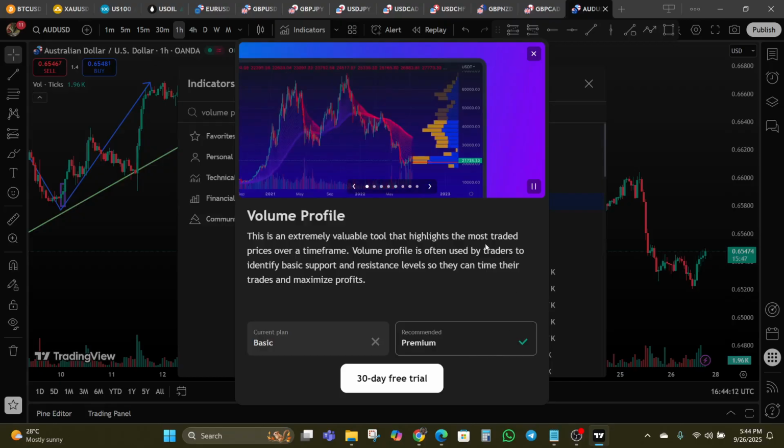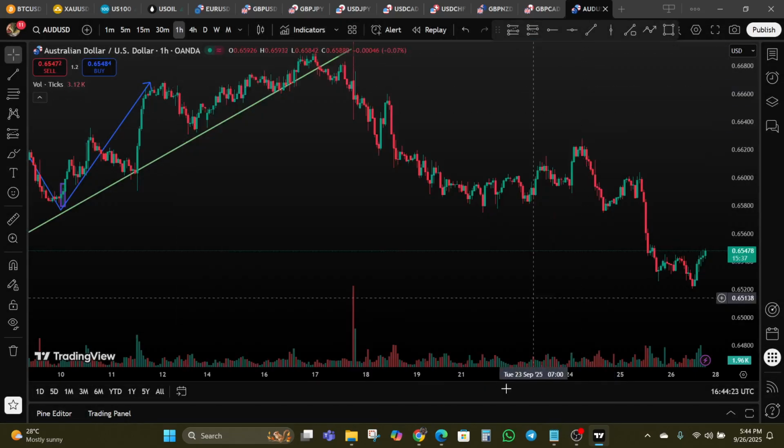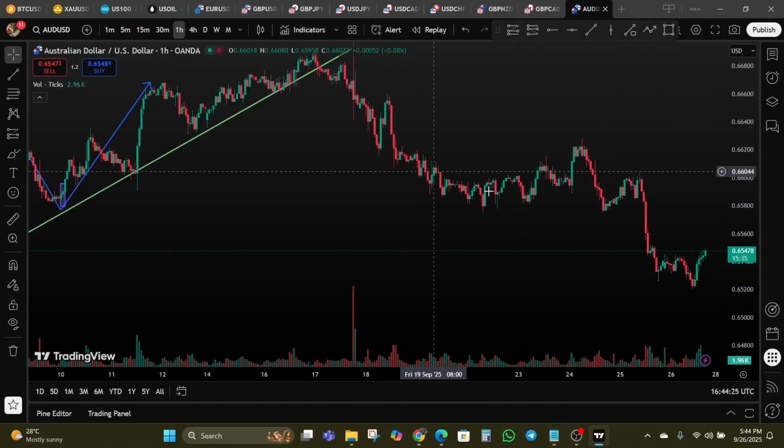So if you want to make use of this, you will need the premium version. But if you are using another platform that offers the fixed range volume profile, then that's absolutely great.